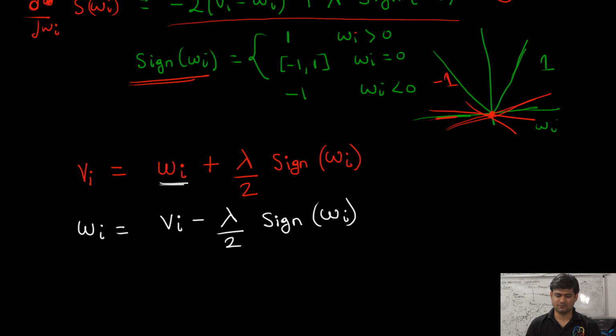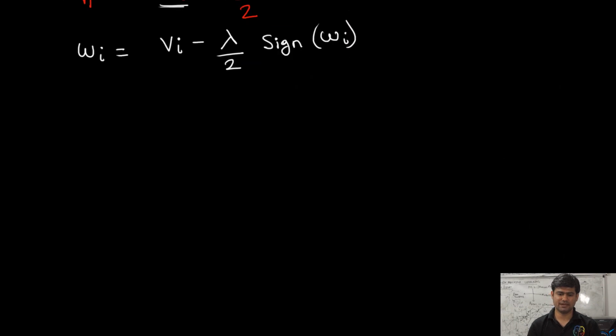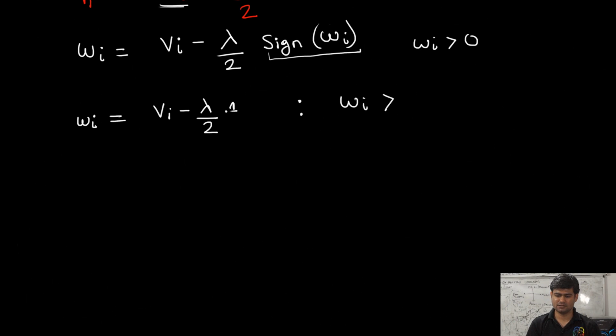Now because of this sign term, there are going to be 3 different cases. So we can write w_i is equal to v_i minus lambda over 2 when w_i is greater than 0. That is, when w_i is greater than 0, then the sign of w_i will become 1, so for this solution, w_i should be greater than 0.